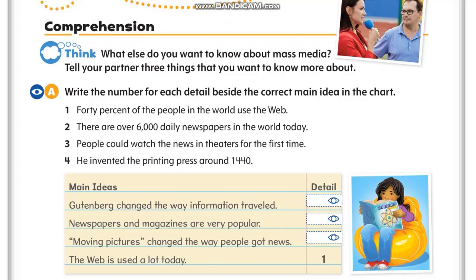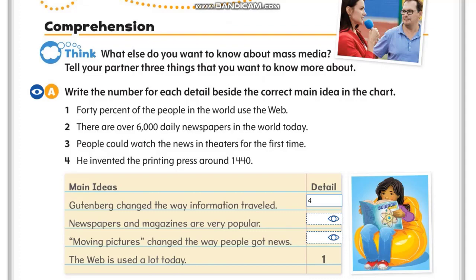The main ideas are Gutenberg changed the way information traveled. So this main idea, what detail supported? Number 4, he invented the printing press around 1440. Number 2, newspaper and magazines are very popular.